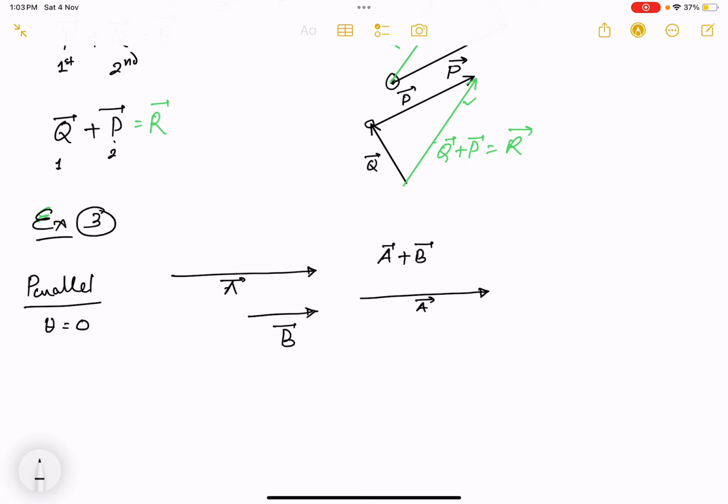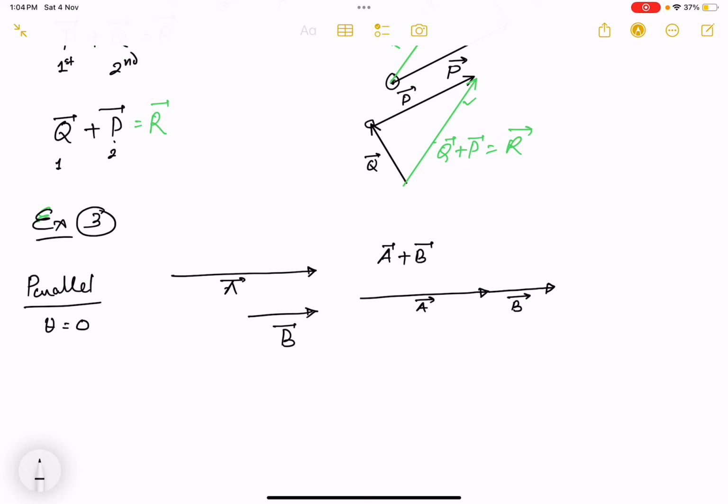Then what do we do? On the, tell me, where will we take vector B? No, the tail of vector B will go on the head of vector A. So like this. Do you see this? This will be vector B.